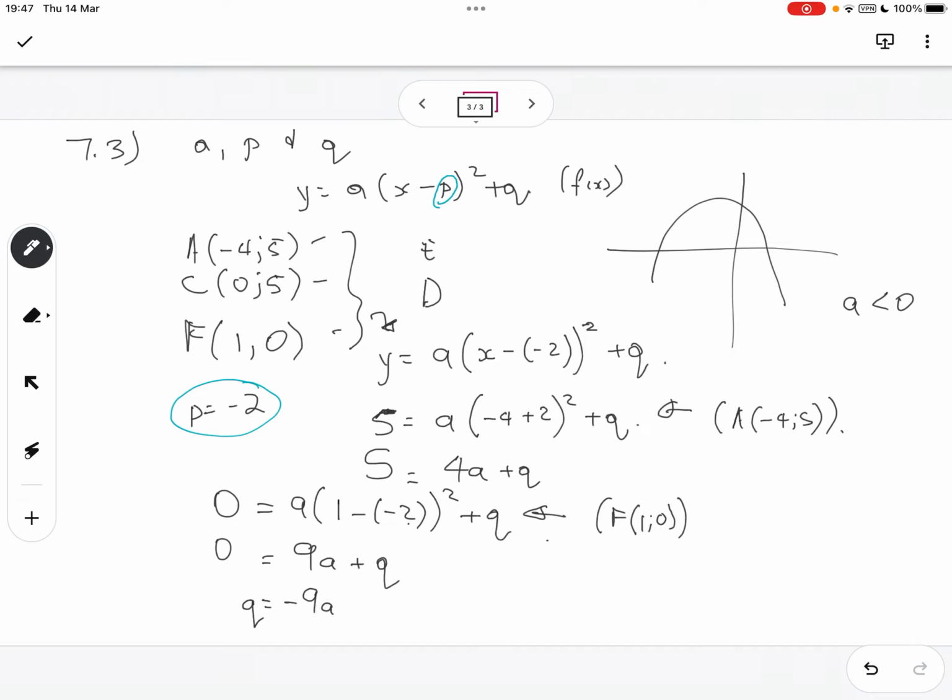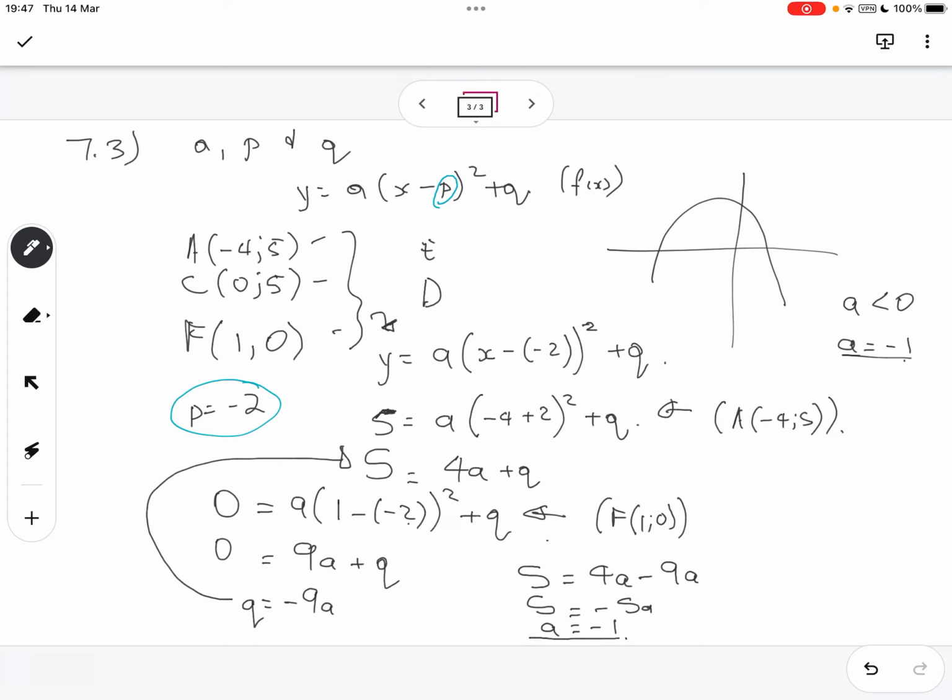If we make q the subject of the formula, then q equals -9a. And if we substitute that q back into the equation up there, then we'll have 5 equals 4a minus 9a, and then we get 4a minus 9a is negative 5a equals 5.